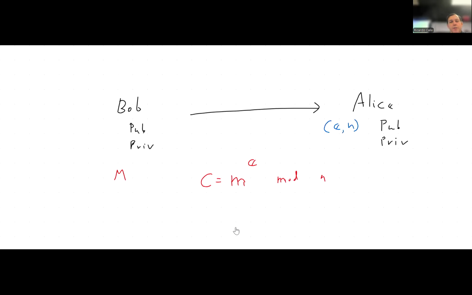So this E is that E, this N is that N. Do you guys agree? So Bob is sending a message to Alice. He needs to use Alice's public key. Why? Because then Alice will need to use that to decrypt it, because this pair of keys correspond to each other. So something encrypted with this can be decrypted with that, basically. All right, so that is the equation for encryption.